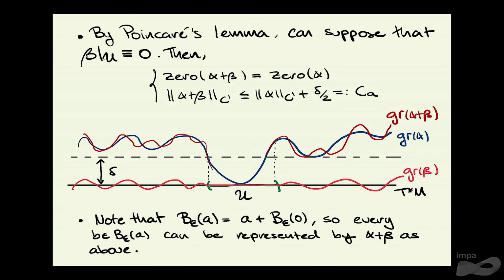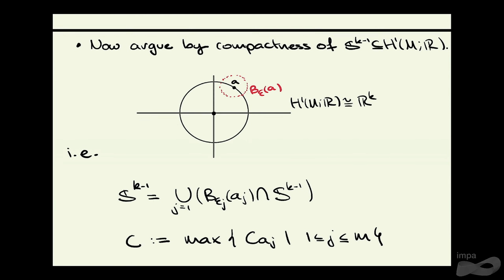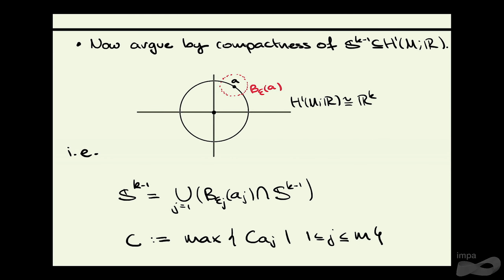Okay. But now we just note that an epsilon neighborhood of A is just A plus the epsilon neighborhood of the origin. So every class here can be written as alpha plus beta in exactly this way. So we showed that for a neighborhood of A, we can represent each class by a closed one form whose C1 norm is less than C_A and which has only one zero. Now, like I said, we can assume that A had norm 1, so we complete the argument by compactness.